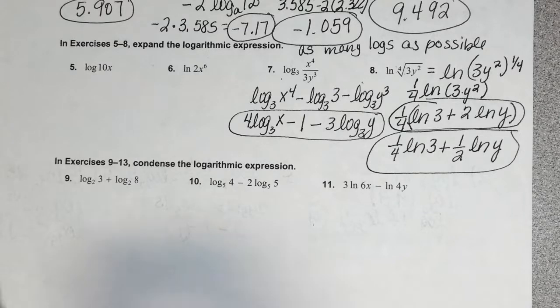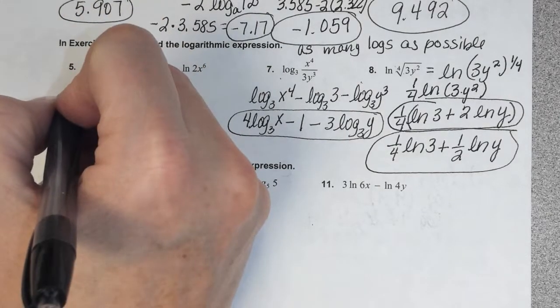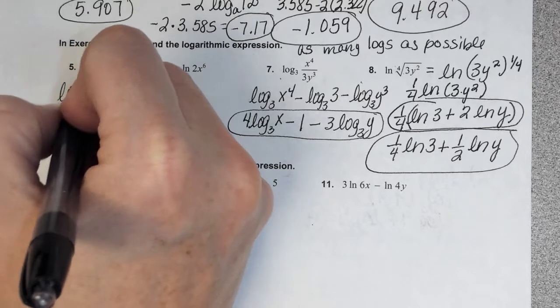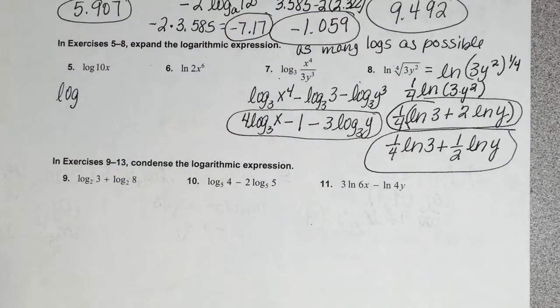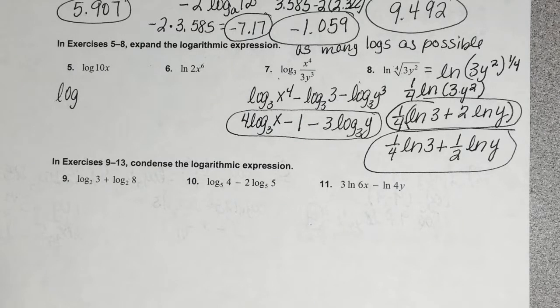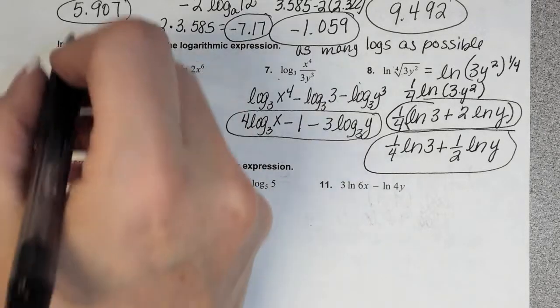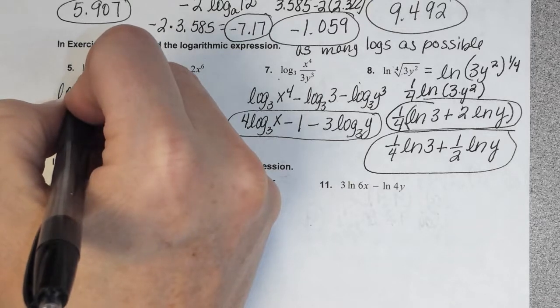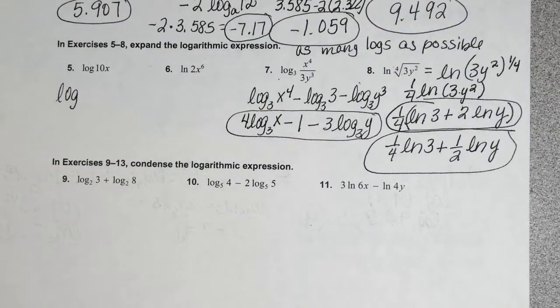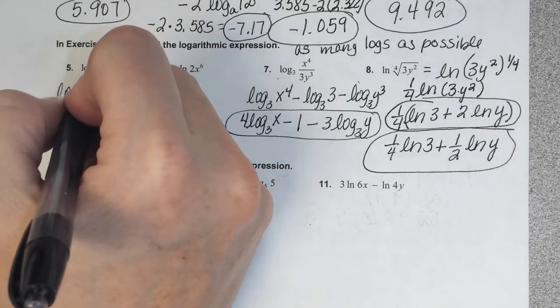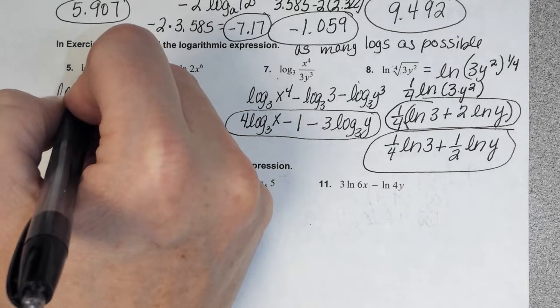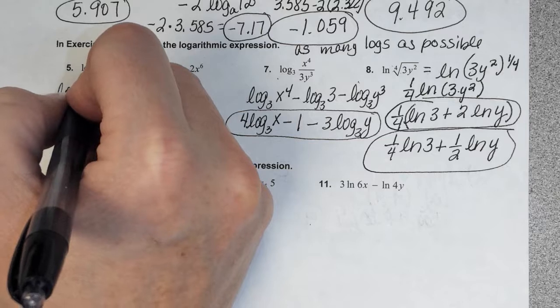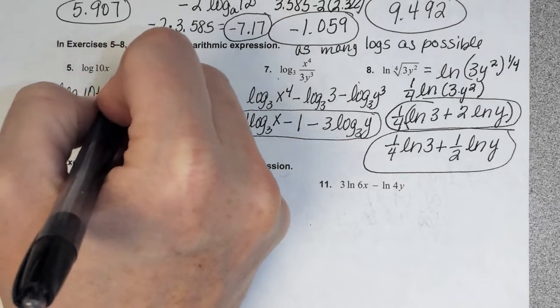Ben, what did you get for number 5? Log. Wait. So, would you just take the log? Couldn't you just take the log of 10? Yeah, but you should expand it first. Okay, so you would just do log 10 plus log x.